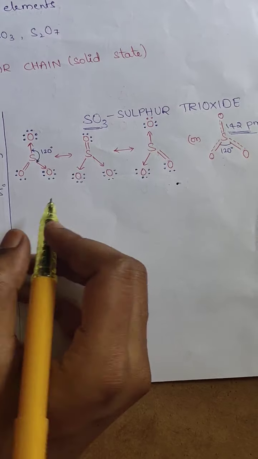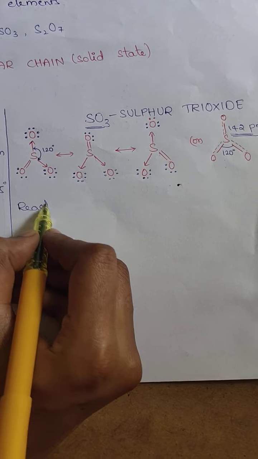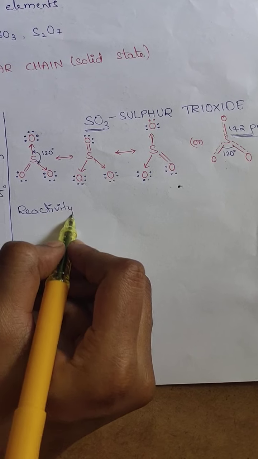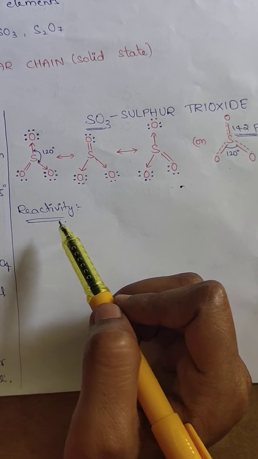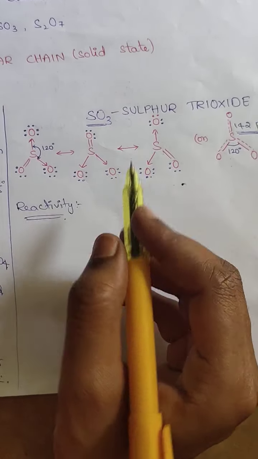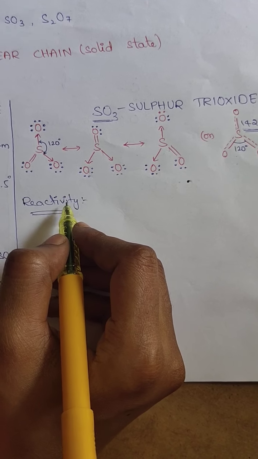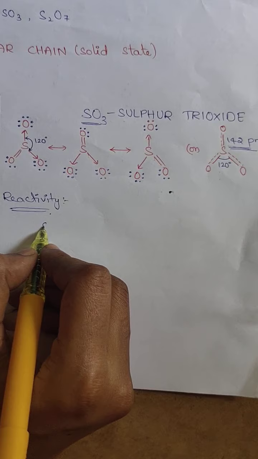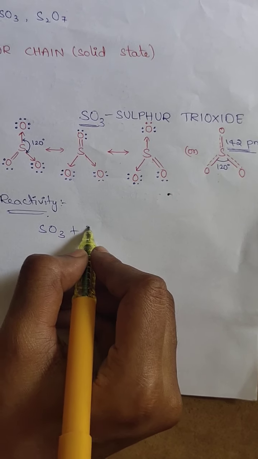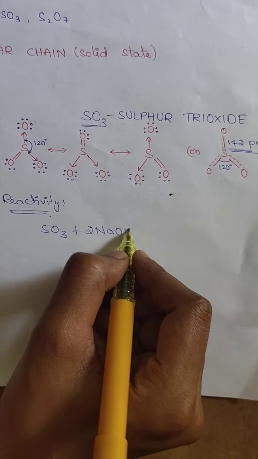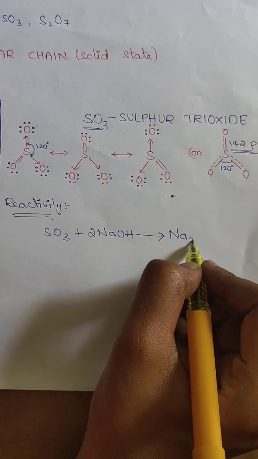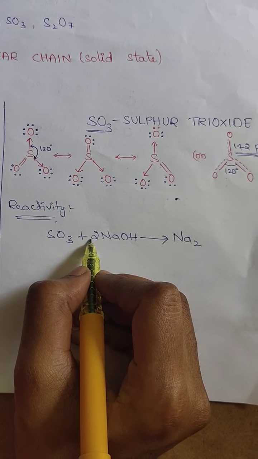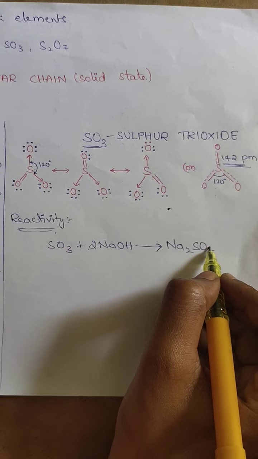Next one, sulfur trioxide. First we have to see the reactivity. Sulfur trioxide is acidic in nature and reacts with base. It is acting as an acid. Whenever this acid reacts with a base, here I am taking sodium hydroxide as the base, it forms sulfates, Na2SO4, 2 moles of sodium and sulfate.